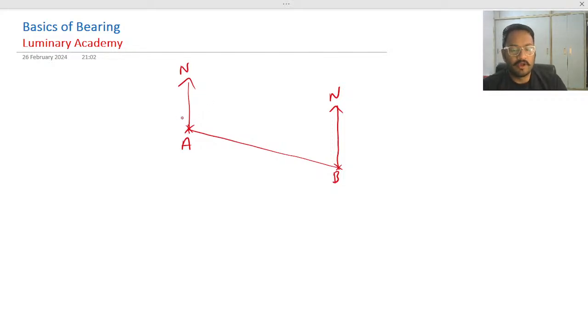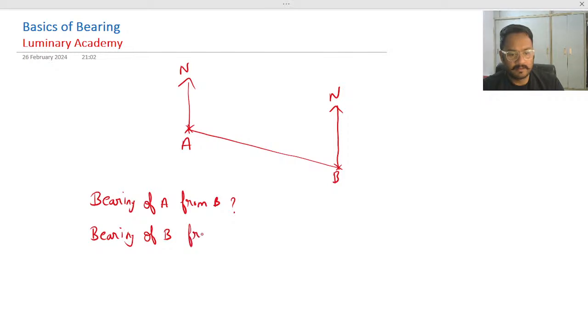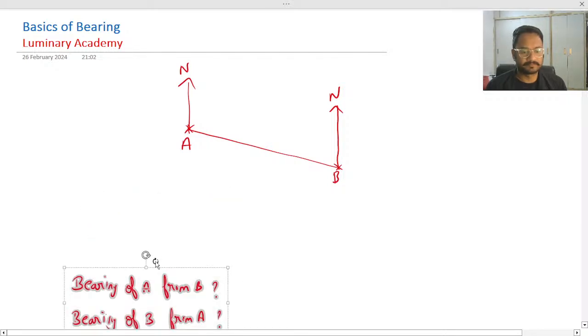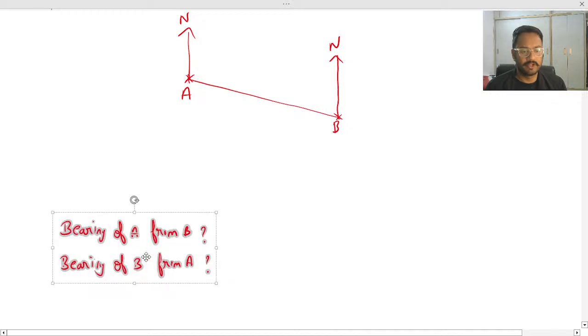Now there are two questions: bearing of A from B, and bearing of B from A. These are the two important questions which we actually go through, so we'll discuss them here.